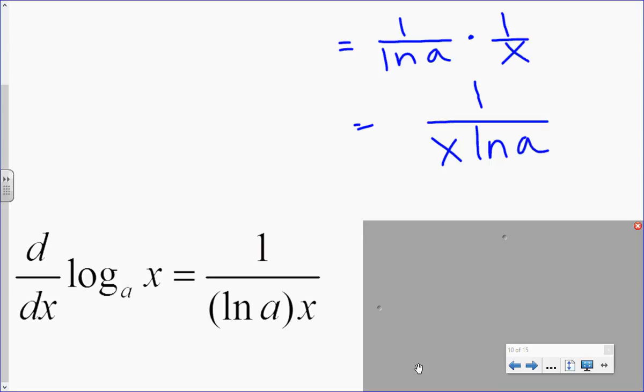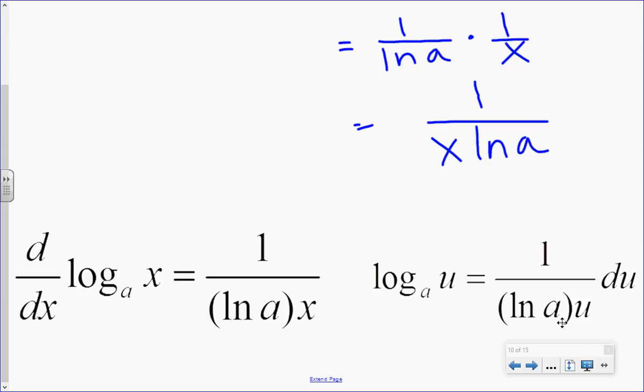So we have one little step extra. It's still the 1 over what's inside, but we also have to multiply the denominator by the natural log of the base. What's the natural log of e? 1, which is why this step is not necessary for natural log.